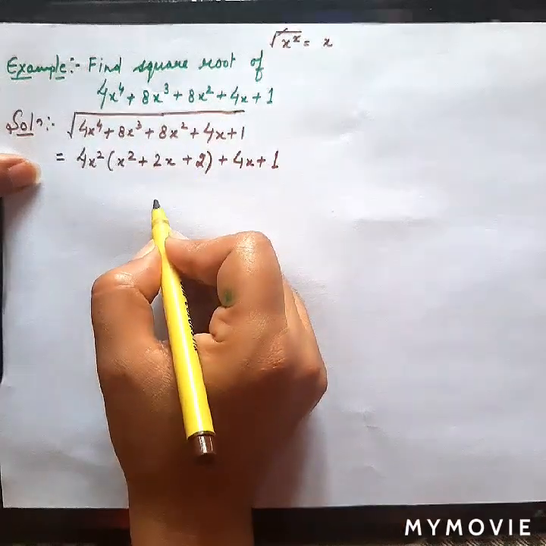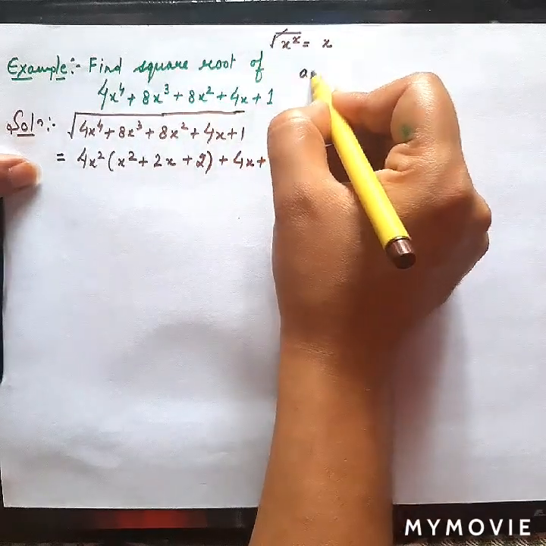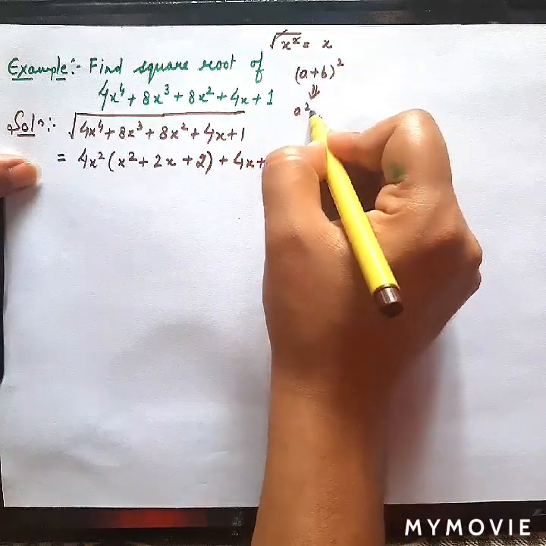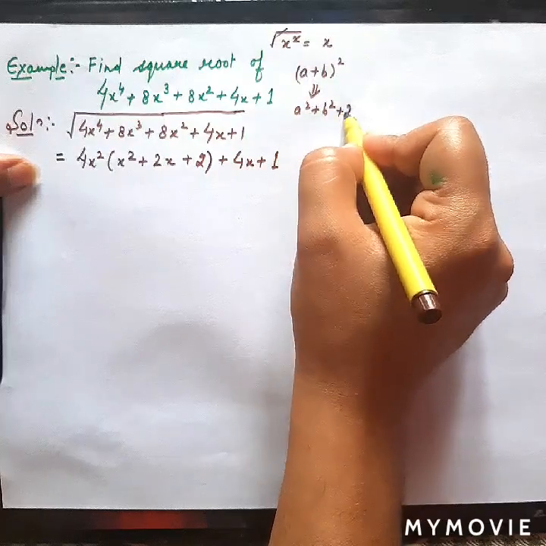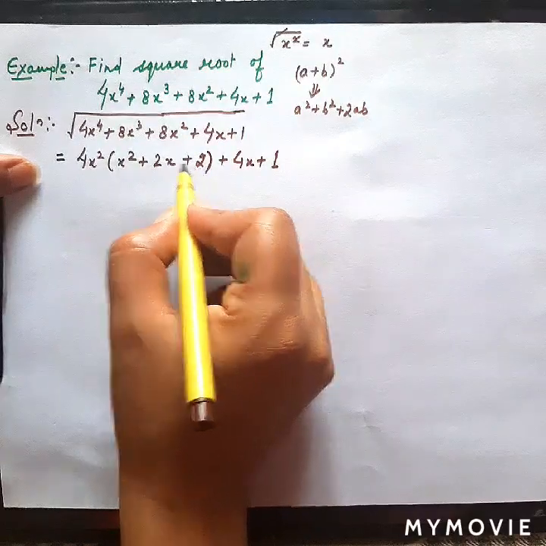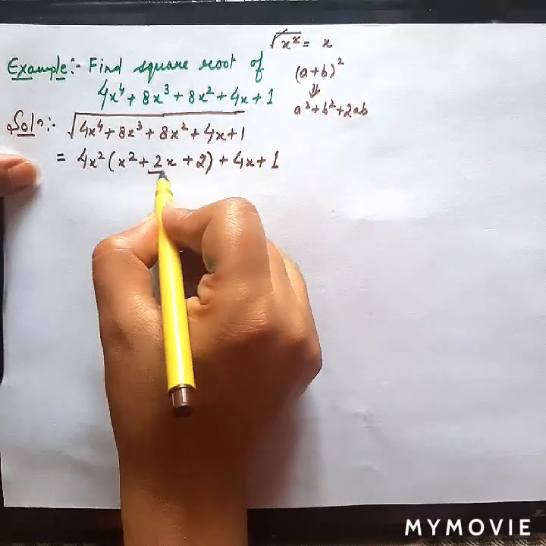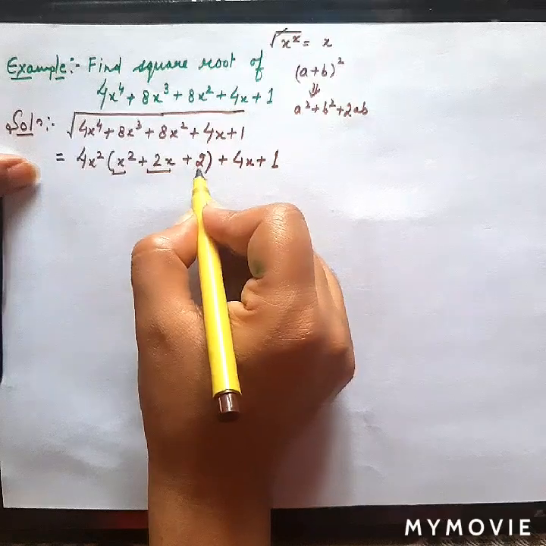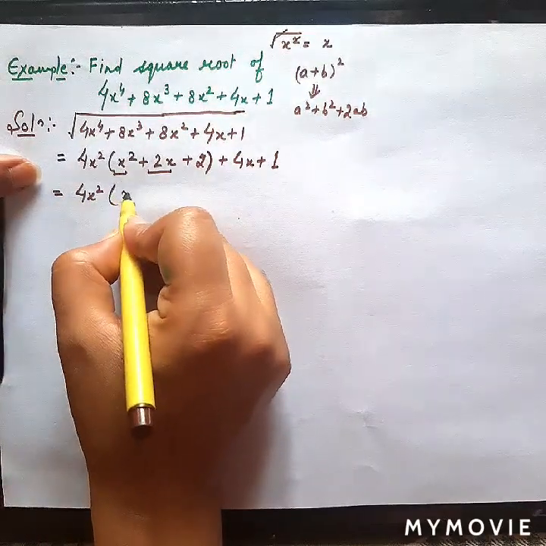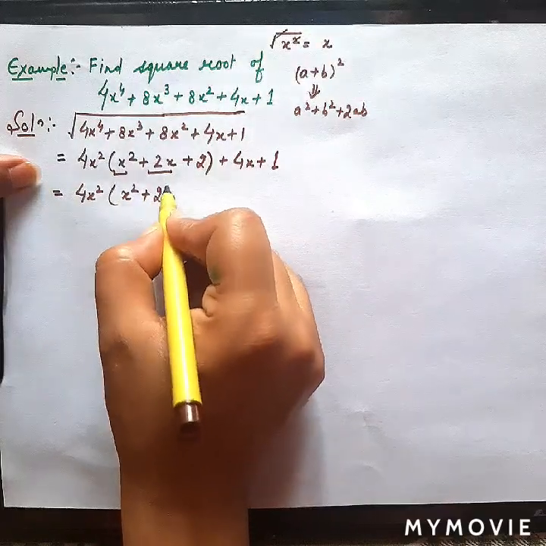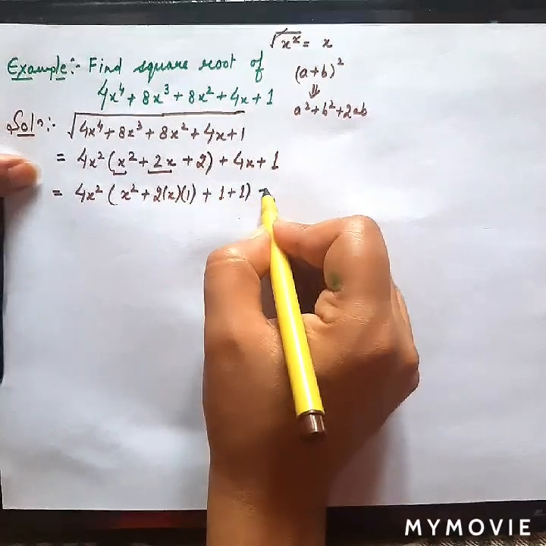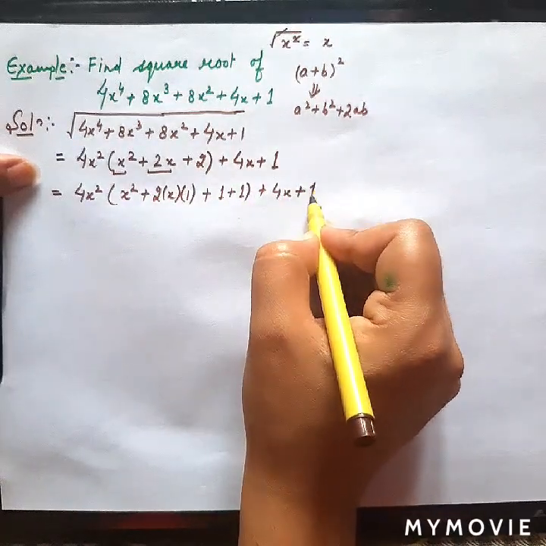Now obviously we need to make a square of something, and here I want to use the (a + b) whole square formula, which equals a^2 + b^2 + 2ab. So this is 2ab, this is a^2, so I will break this into 1 + 1. So 4x^2 times (x^2 + 2x·1 + 1), and outside we have 4x + 1.